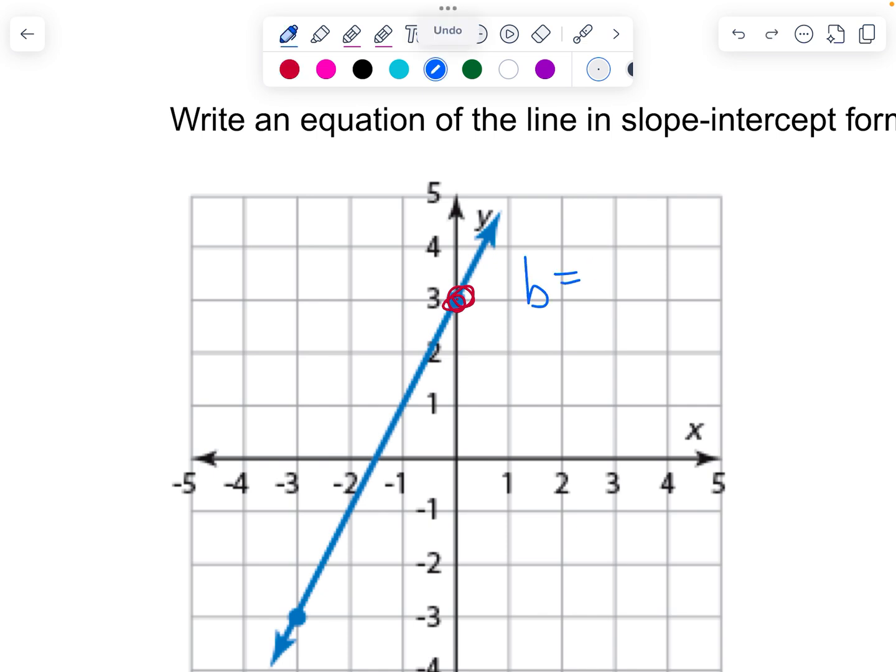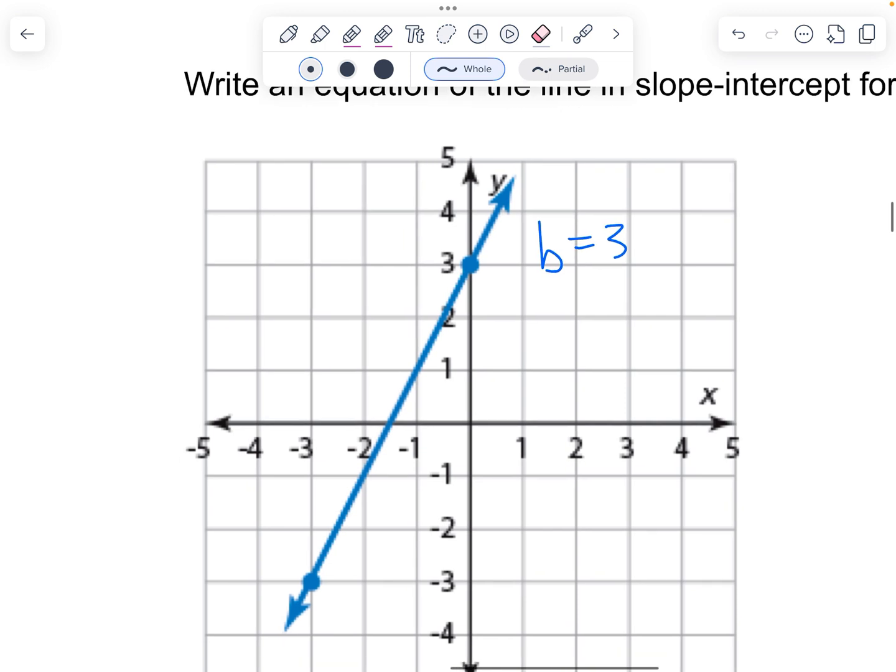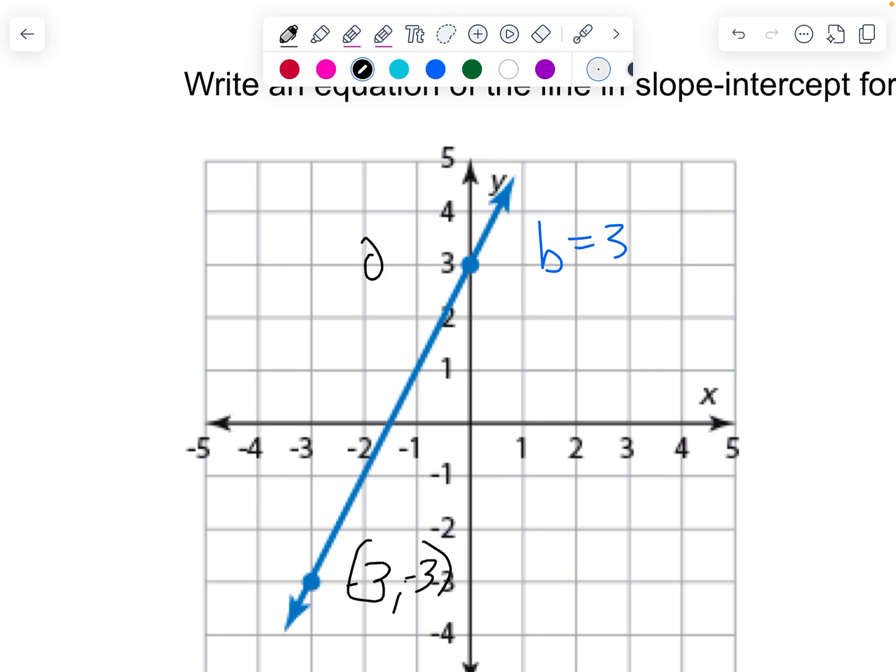Okay, all you've got to do now is find the slope. You can just visually track the points. How do I get from one point to the other? Or the hard way would be to tell me what these points are. This point is -3, -3, and this point up here is 0, 3.